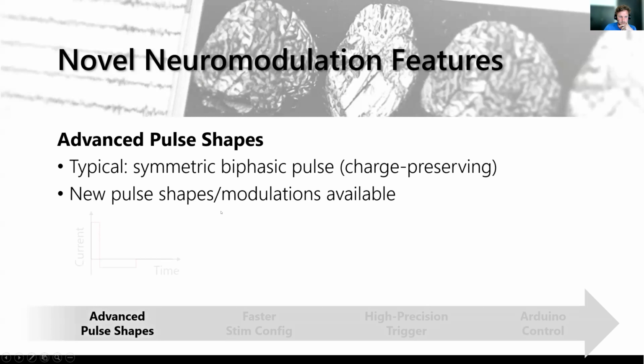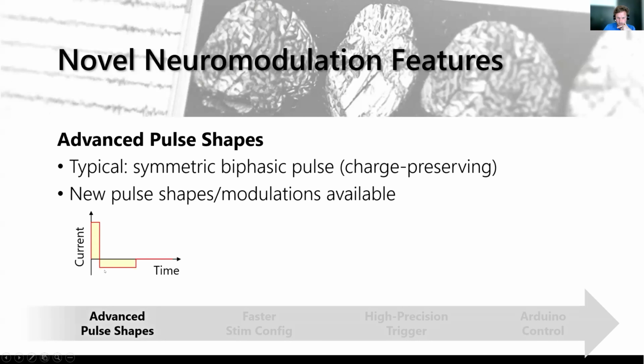But it's possible, for example, to change the timing of such a stimulation pulse, where the first part is shorter and higher in amplitude, and the second part is longer but lower in amplitude. There are a couple of research applications which want to investigate this. So the charges which are quickly injected into the brain in the first part are only slowly drawn back by the negative lobe.